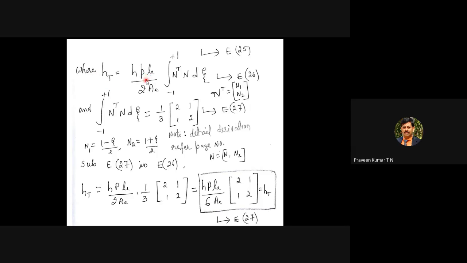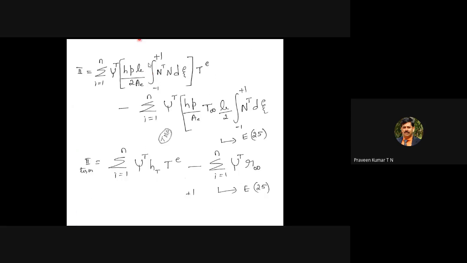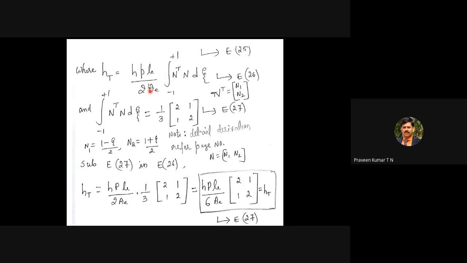It is given by h into p into l_e, divided by 2 a_e, integral from -1 to +1 of N transpose N into d-xi. That is nothing but the convective heat transfer term. So the integration of -1 to +1 of N transpose N d-xi, after substituting N1 and N2, taking the transpose, integrating and substituting the upper and lower limits, we get this equation, 1/3 times [2 1; 1 2], which you already derived in the previous class.